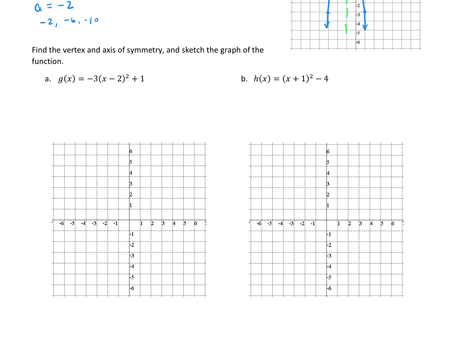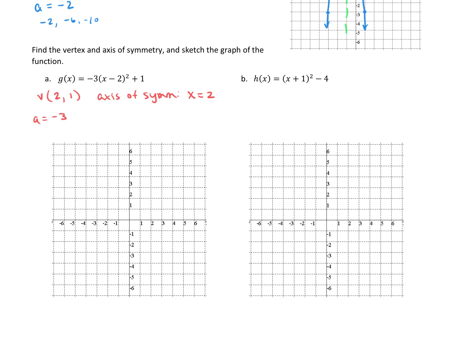G of x, we will identify the vertex first. We have an x - 2, so +2, and a plus 1 on the end, so our vertex is at (2, 1). The axis of symmetry is at x equals 2. And then our a value is -3.